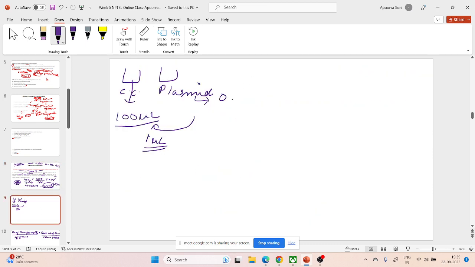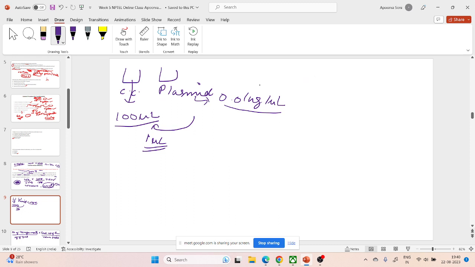Okay. So this is the concentration of the plasmid. Plasmid of this concentration is present with you, from which you have added 1 microliter into 100 microliters of competent cells. Is this clear?